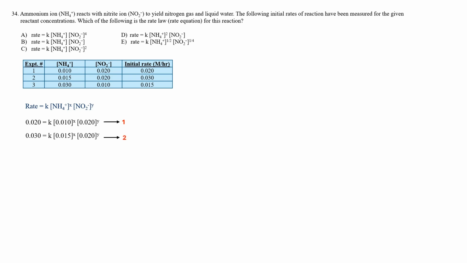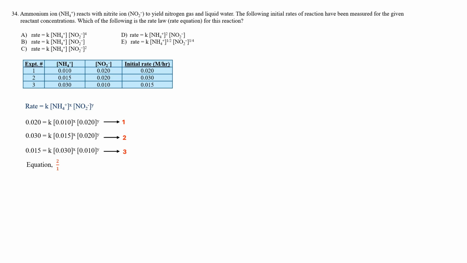The initial rate is equal to the rate constant times ammonium concentration to the power X times NO2- concentration to the power Y. For the third experiment, the initial rate is equal to the rate constant times ammonium concentration times NO2- concentration. Now we have 3 equations.